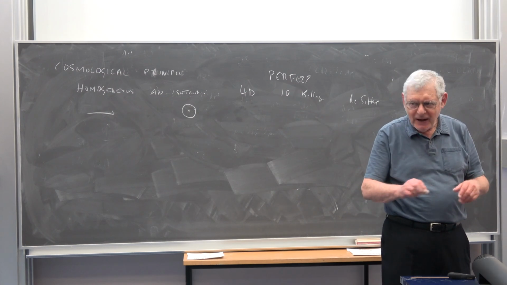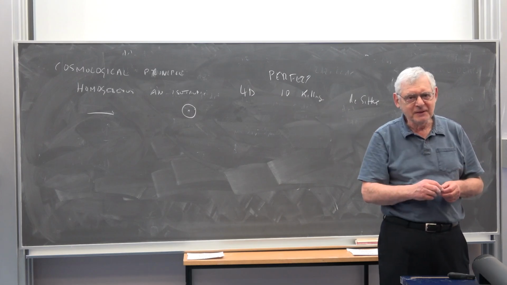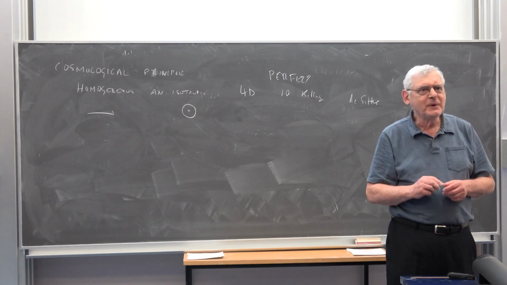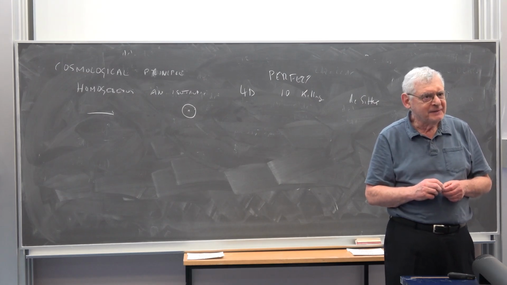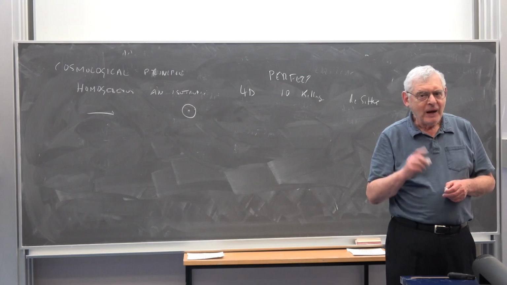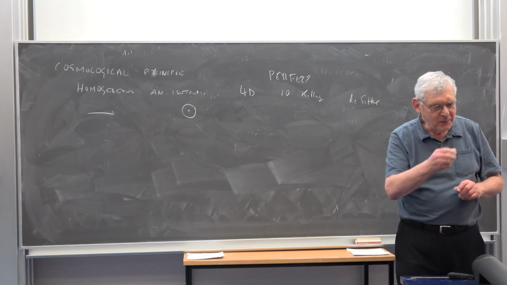I mean, if you draw a line, you can go in that direction or the other direction. There's nothing to stop you. But it turns out what would stop you is a singularity. And that singularity is called the Big Bang. However, the steady state theory has no Big Bang. And we'll see why in a moment.